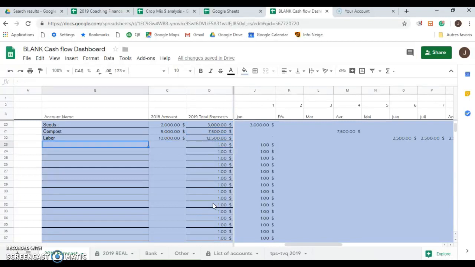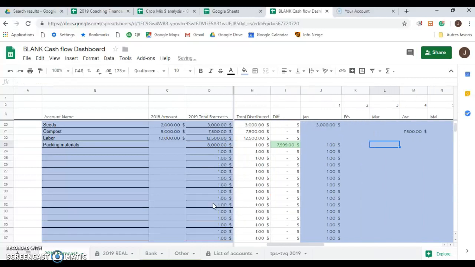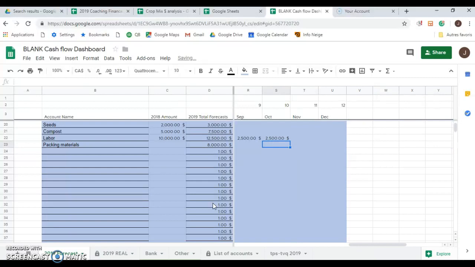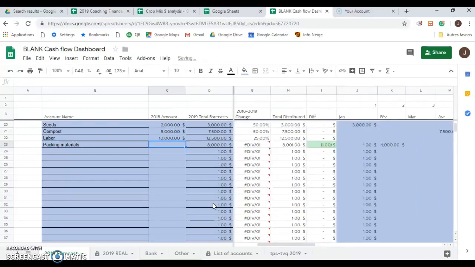What else? We're going to be buying packing materials, and it's going to be $8,000. And we're going to be buying half in February and resupplying in August. Boom. Let's just imagine that's how it is.